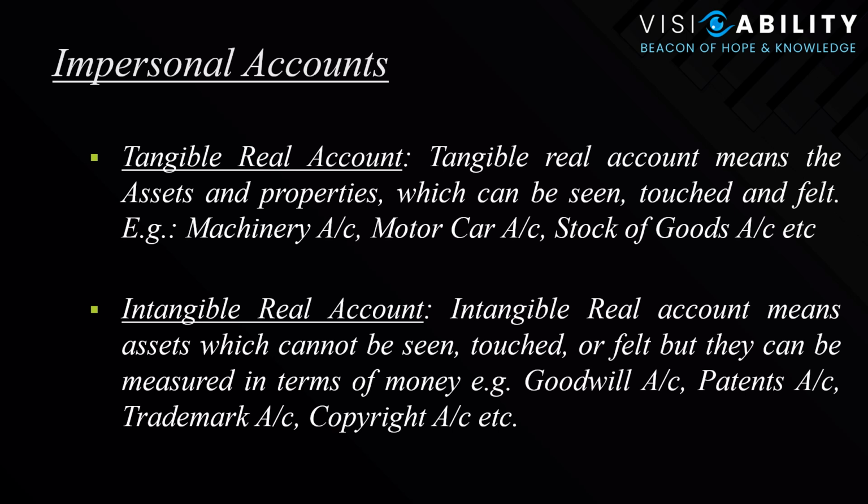But the intangible ones are the patents, the goodwill, or the trademark, or a copyright, which also comes under the category of impersonal accounts, or under the subcategory of impersonal accounts as intangible real accounts.